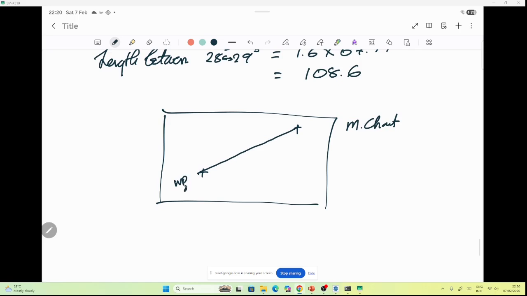This is the second waypoint, and this is going to be the course. And you can see this is D long scale. Why? This is one longitude, this is another longitude.